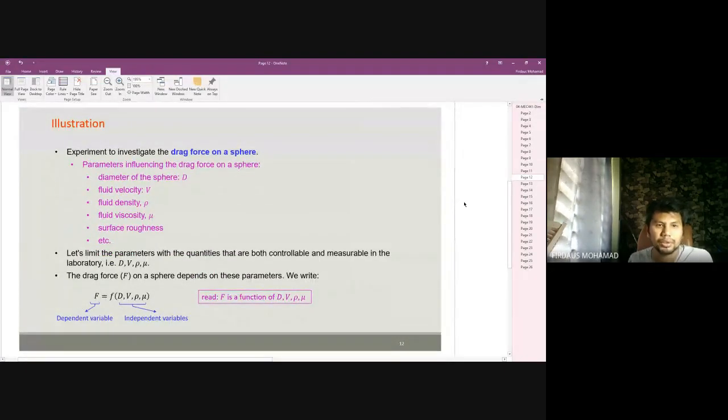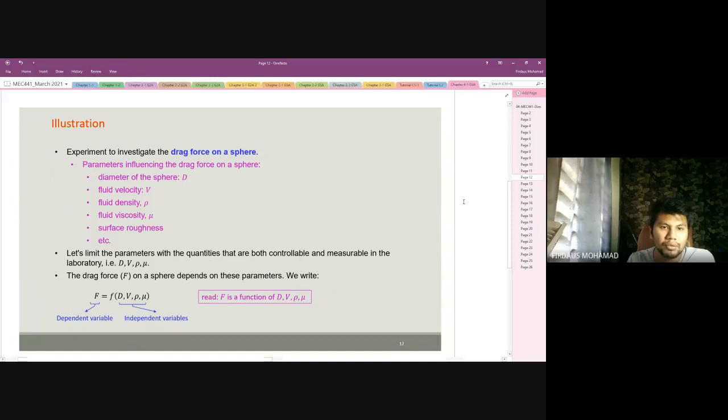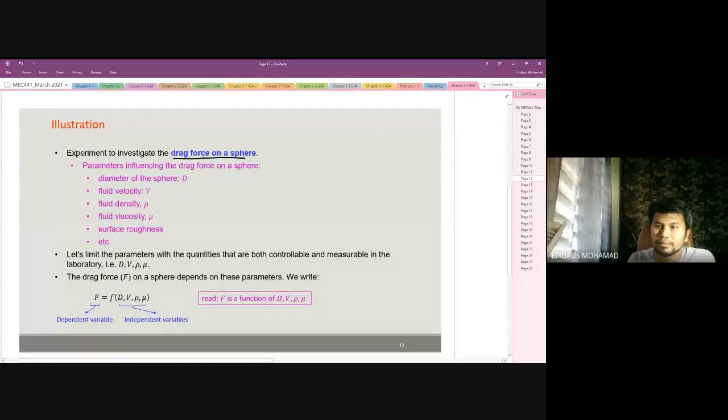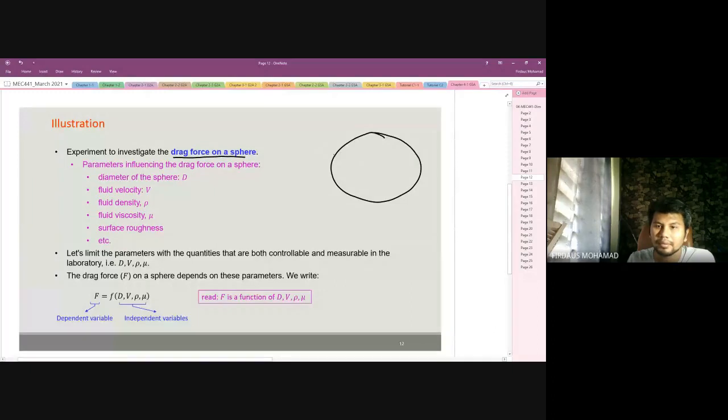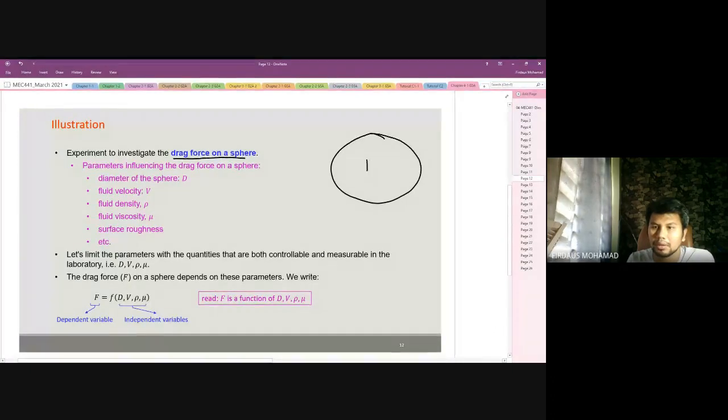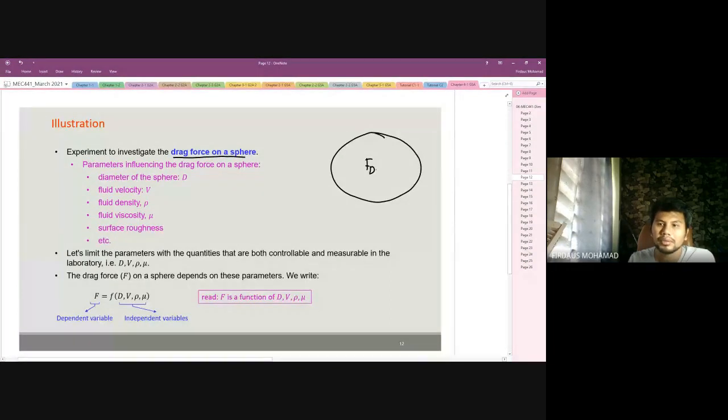This is just to illustrate if we want to run the experiment in order to investigate drag force on sphere. Okay, you ada bola, and then you want to calculate the drag force FD. You want to do the experiment in order to investigate the drag force on a sphere.